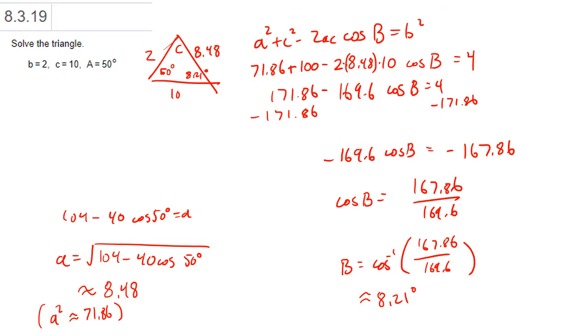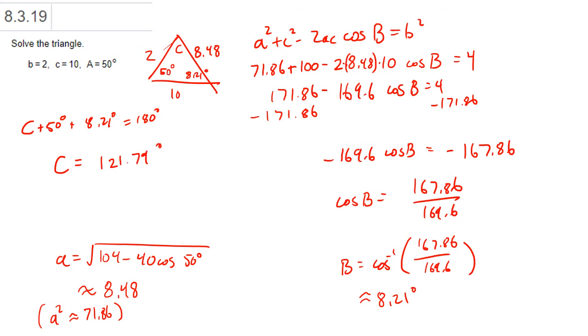So capital C plus 50 plus 8.21 must equal 180 degrees. I subtract the 50 and the 8.21 to get C must be equal to 121.79 degrees.